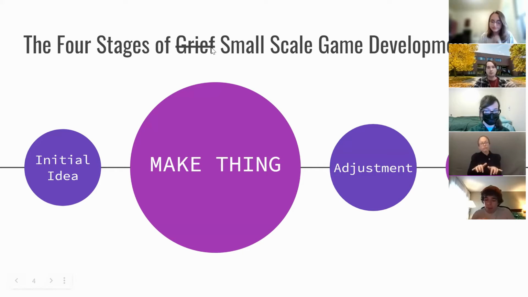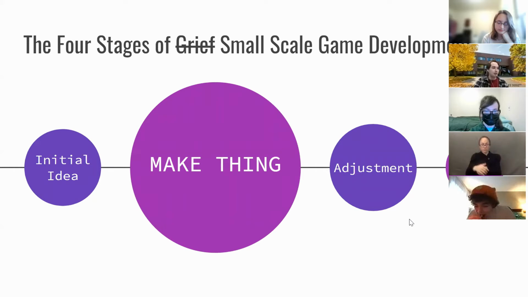And then adjustment is the iteration loop that goes into the making of the thing. While you're making the thing, you're adjusting it, and then you go back to making it, and then back to adjusting. And then you ship when it's done, or when you're not allowed to continue the loop anymore.